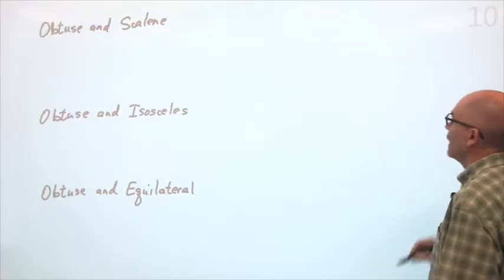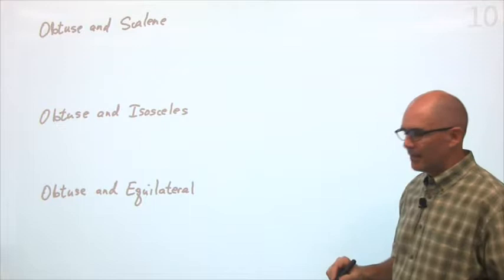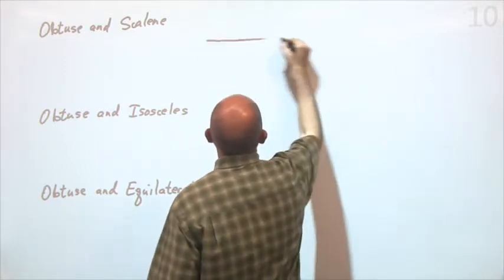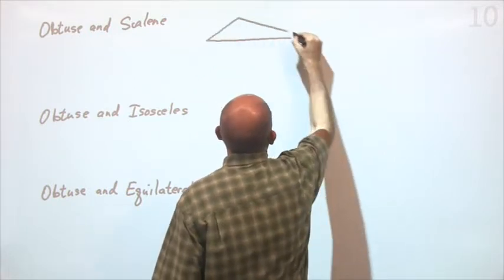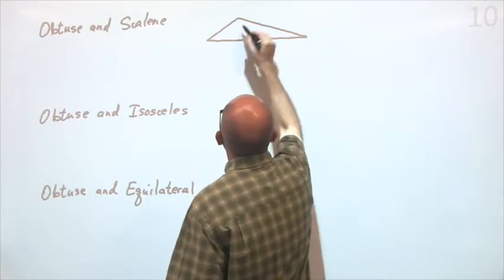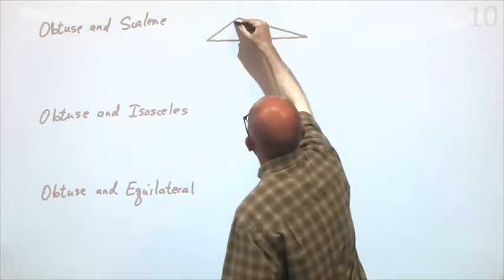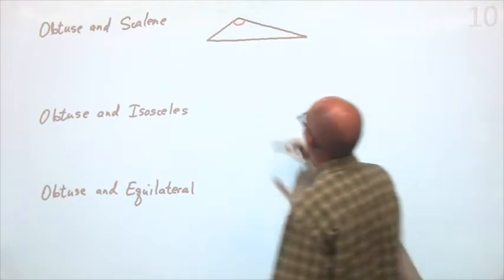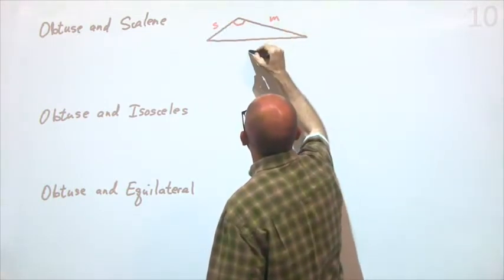Okay, now, what about obtuse and scalene? Okay, well, that means we just have there's our obtuse angle right here. And then we have our short side, our medium side, and our long side.